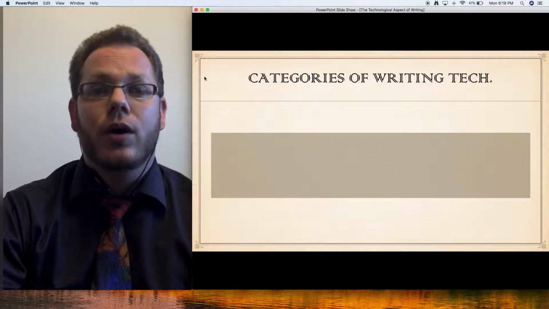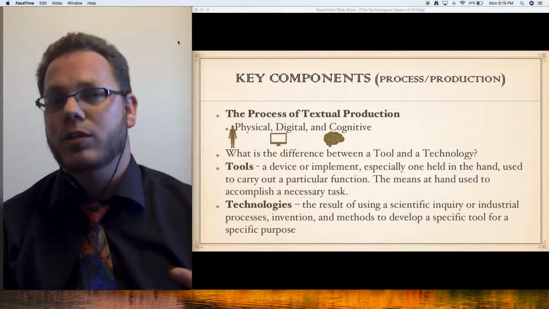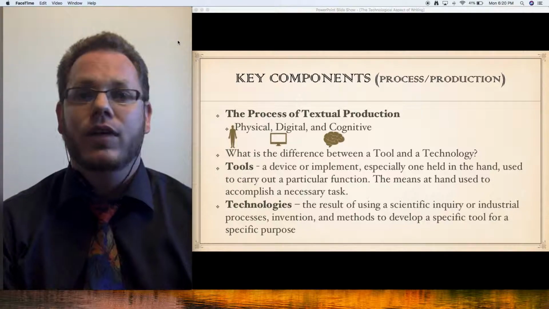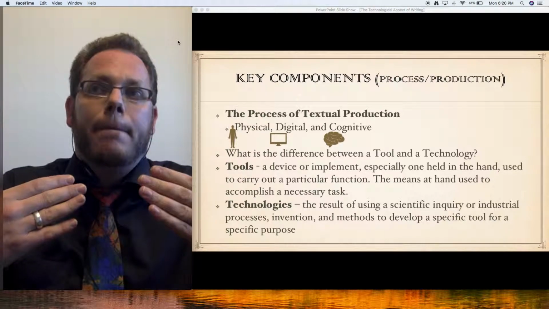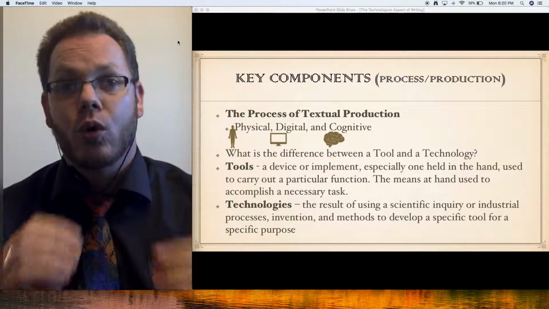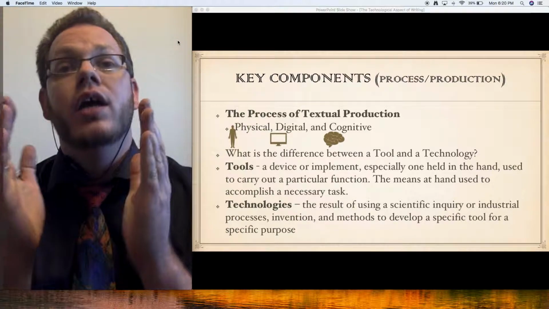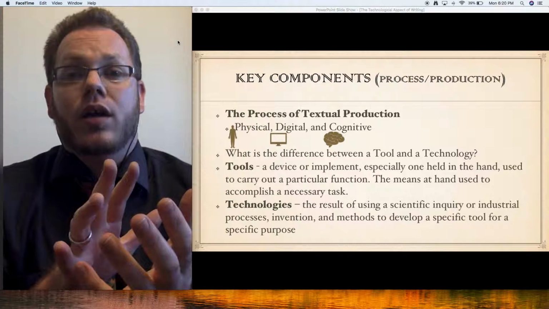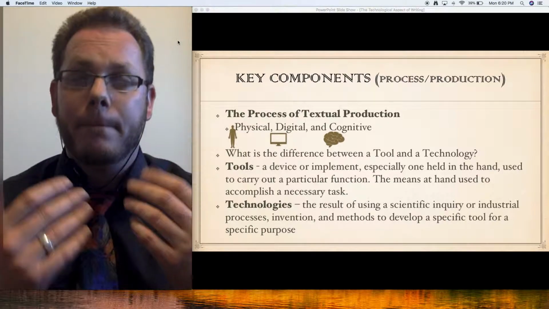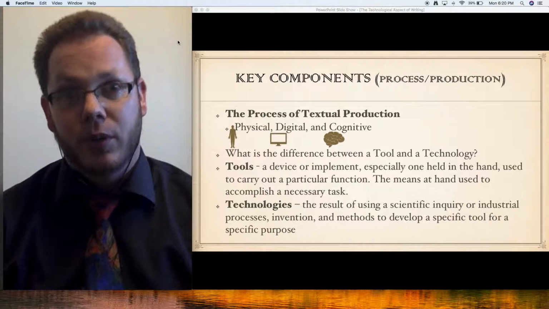A technology, however, is the result of some sort of process of scientific or manufacturing inquiry or invention, some sort of steady development where we're developing a specific tool for a specific purpose, or a specific tool is being pushed beyond its current stage to a new level so that it is even better at the job it's doing.